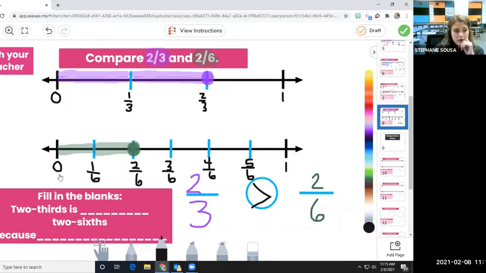So 2/3 is blank 2/6. We know from our model and our unit fraction that 2/3 is greater than 2/6.